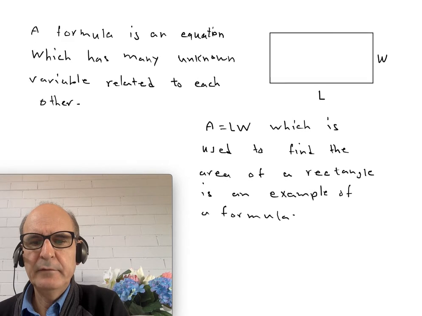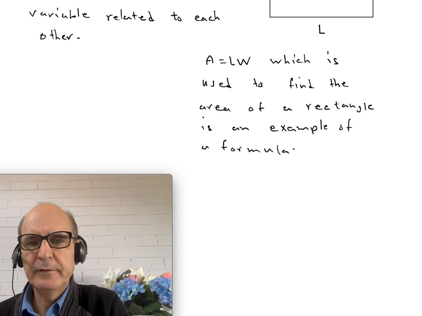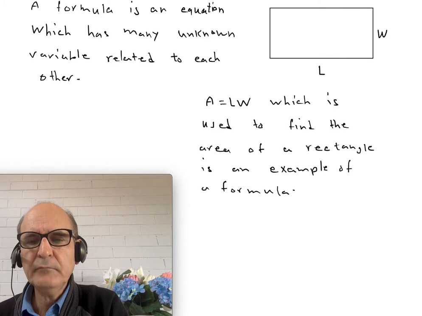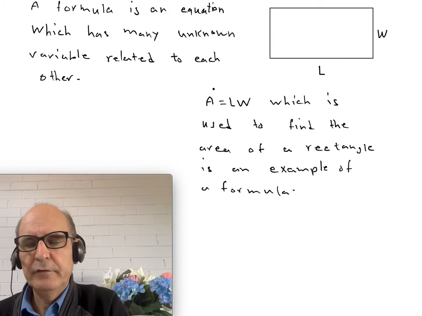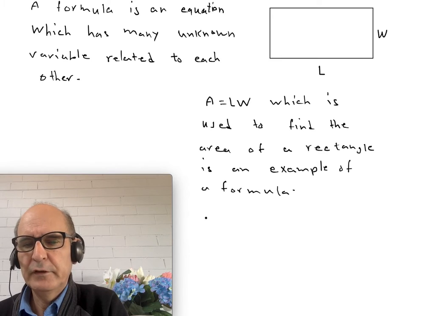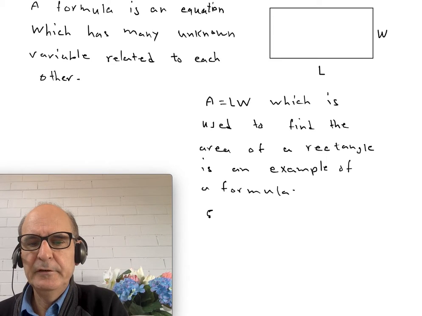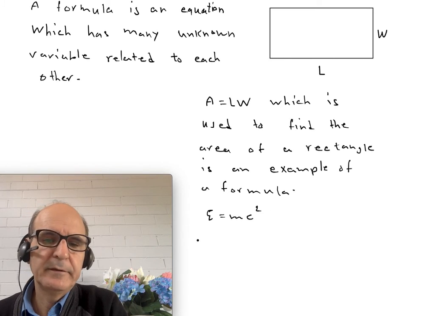You can have many different formulas which are used for different purposes. One famous formula that you know is E is equal to mc squared, or you've heard about that.